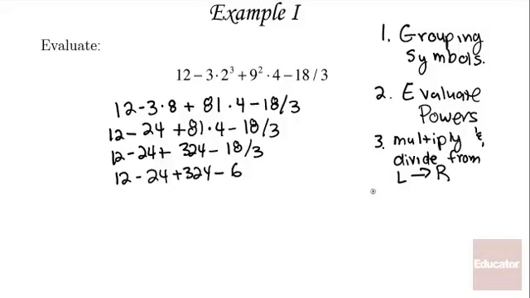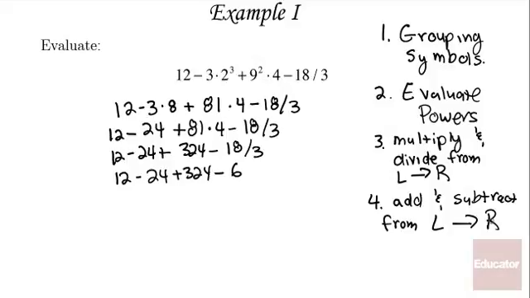Okay, I'm down to my fourth step, which is add and subtract from left to right. Starting at the left, 12 minus 24 is negative 12, plus 324 minus 6.